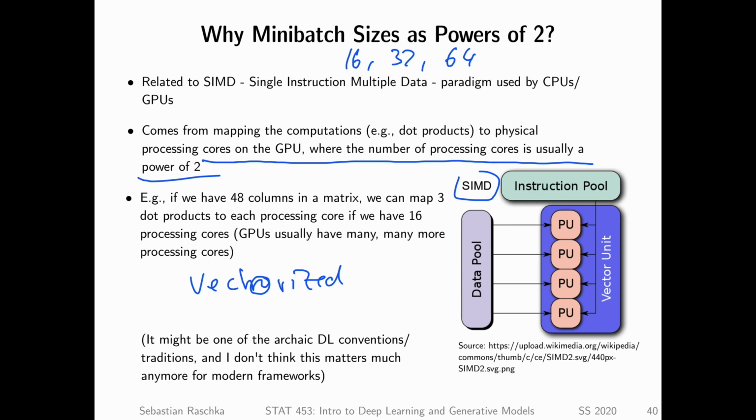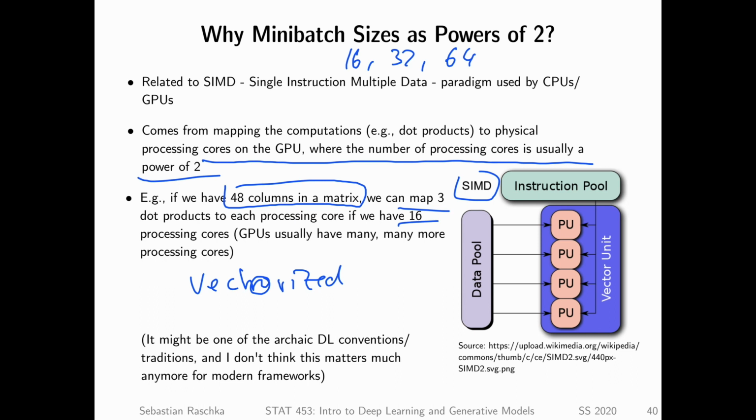For instance, if we have a matrix with 48 columns, we can compute each column or each dot product in parallel. So we can, for example, map 3 dot products to each processing core if we have 16 processing cores. Because the cores are powers of 2, we usually use mini batches as a power of 2. So this way it's traditionally easier to utilize your GPU.